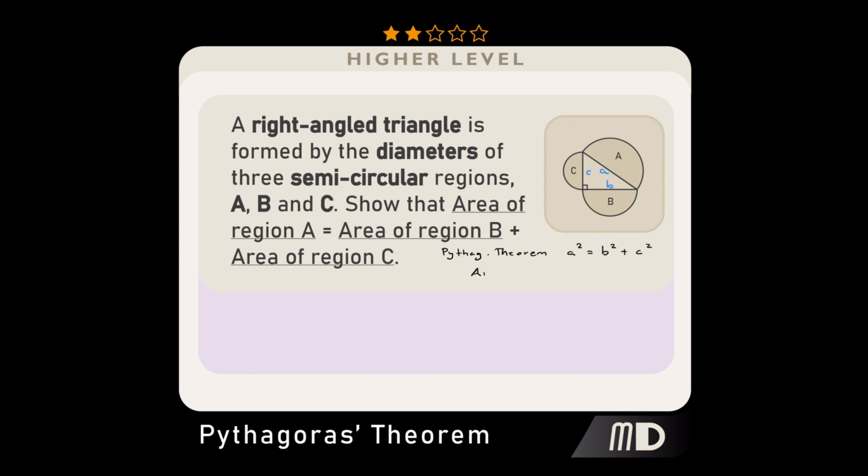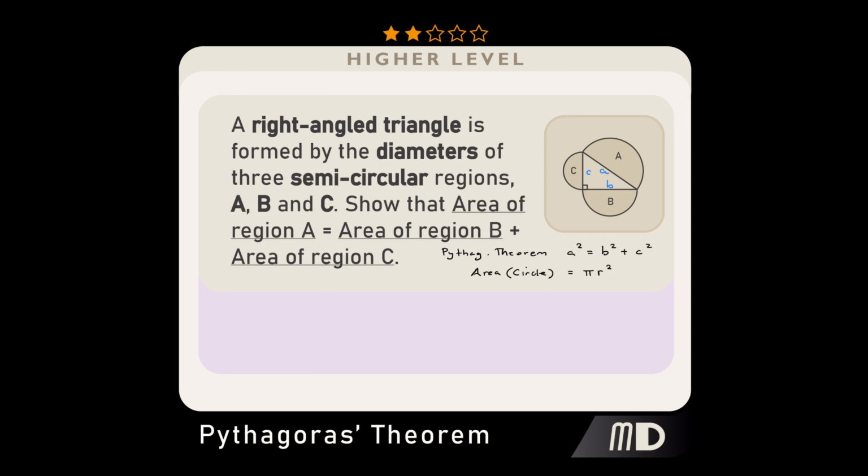The area of a circle is given by the formula pi multiplied by the radius squared. The radius of a circle is half the length of its diameter.